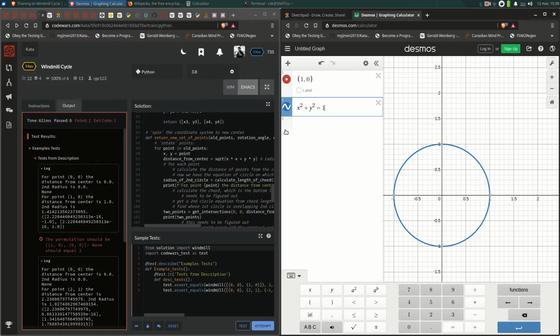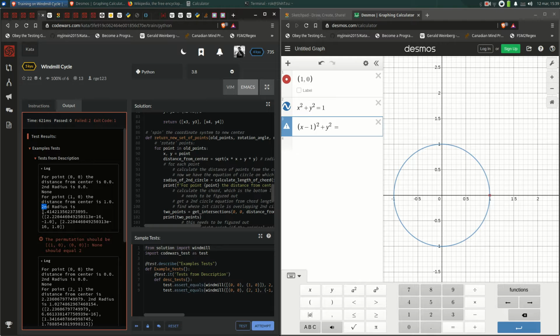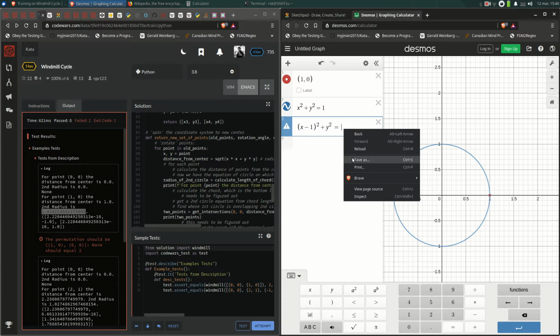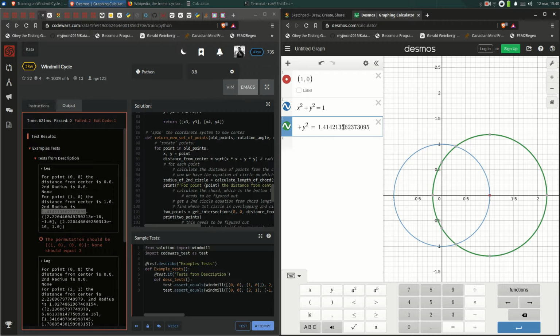So we say second radius is, so for this one we say x minus 1, and that is at here, plus y squared, equals this thing. Paste. Paste, you motherfucker. Alright.